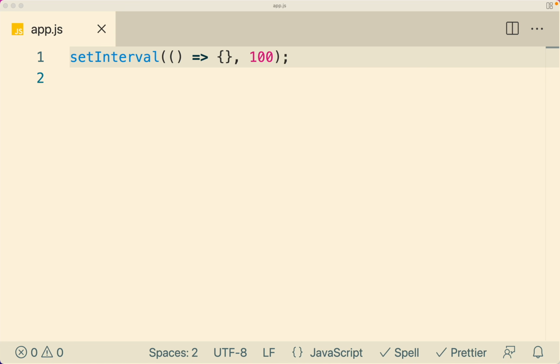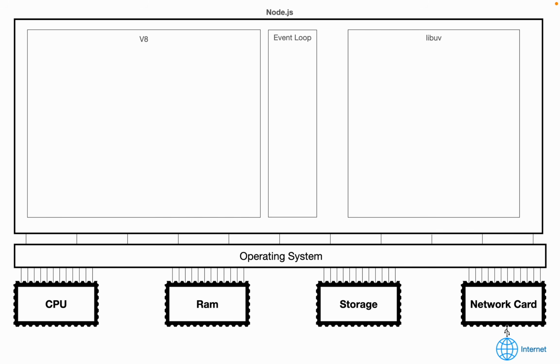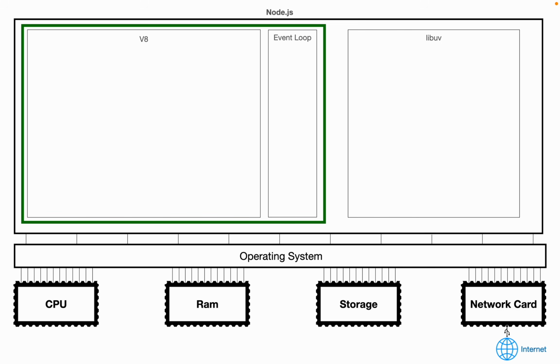Now also it's very important that you never block the event loop or the V8 or the main thread. So what I mean is, if we take another look at this one, this V8 thing and this event loop, they are both running in a single thread. So think of this little green rectangle as a thread. And if you don't know what a thread is, we're going to talk about it in a lot more great detail later in the course, but think of a thread as an execution line, something that could only execute one thing at a time.